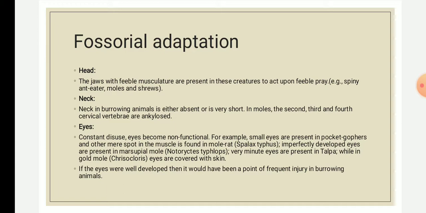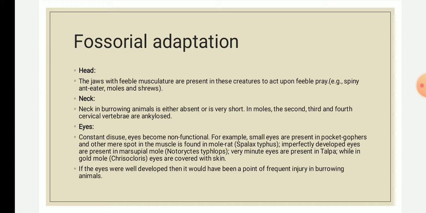The next is the neck. The neck in a burrowing animal is either absent or very short. For example, in moles, the second, third and fourth cervical vertebrae are absent, okay. Whereas the eyes, constant disuse of the eyes has taken place, so they have become non-functional.